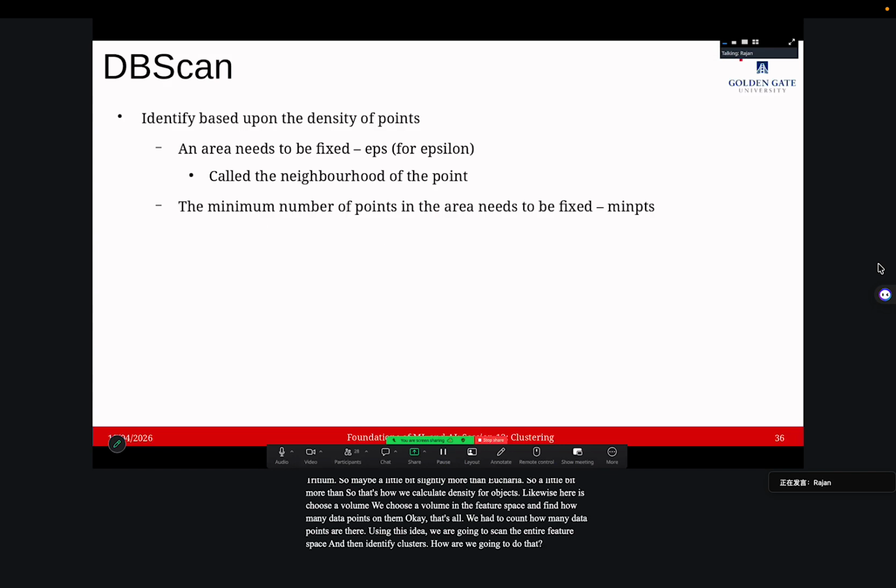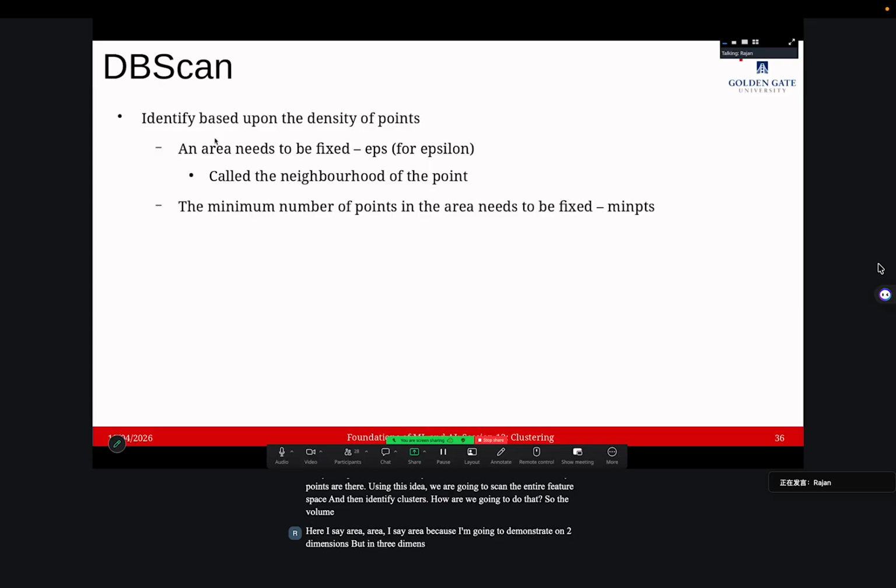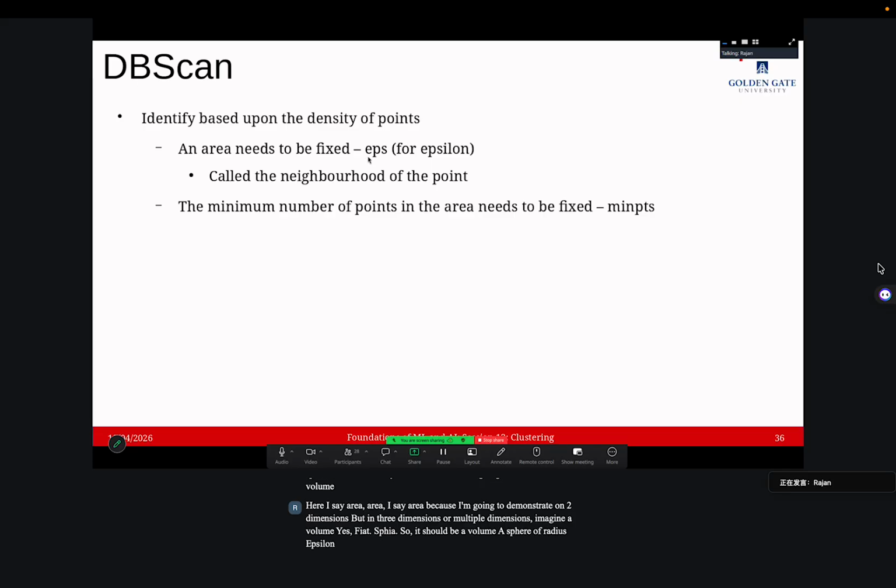The volume, here I say area because I'm going to demonstrate in 2 dimensions, but in 3 or multiple dimensions, imagine a volume, a sphere of radius epsilon. What is the value for epsilon? It is a hyperparameter, you choose. Okay. So we consider one point, then consider a small volume around it, and then see how many points are within that volume.